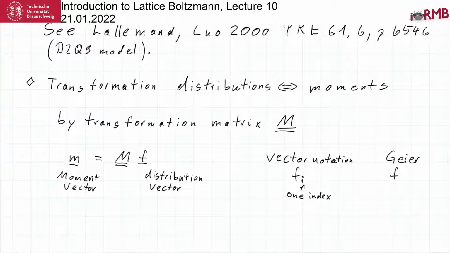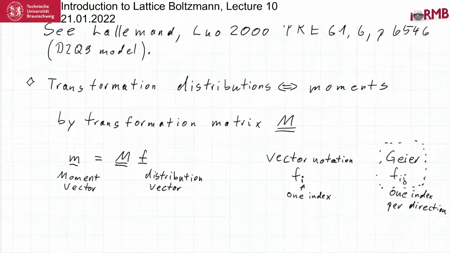So Gaia would write f_ij, yeah, for having one index per spatial direction. So this Gaia notation can of course not be put in a vector as in the vector notation.